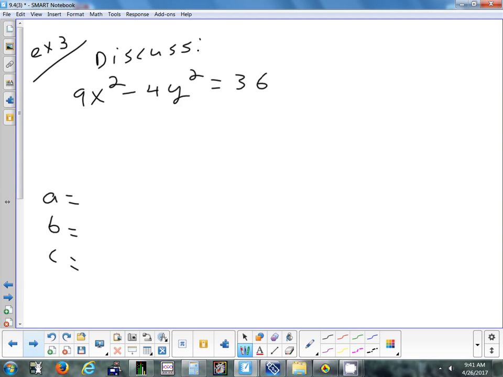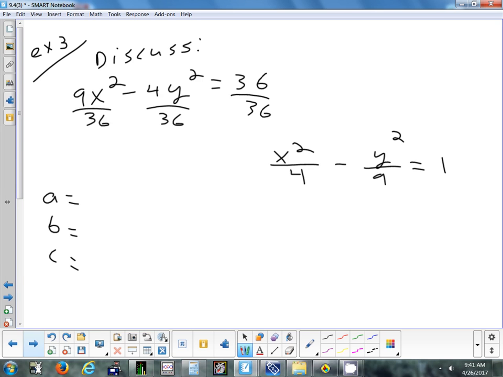Divide by 36. Divide everything by 36. 9 goes into 36 how many times? 4. 4 goes into 36 how many times? 9. And 36 goes into 36 once.